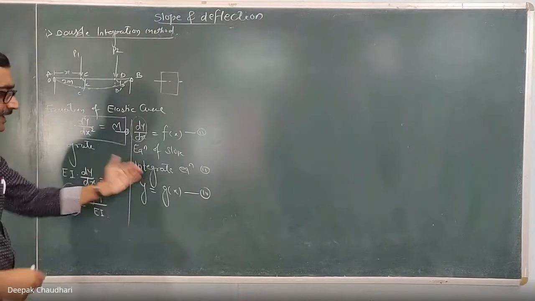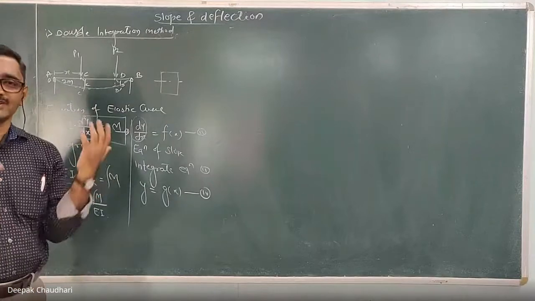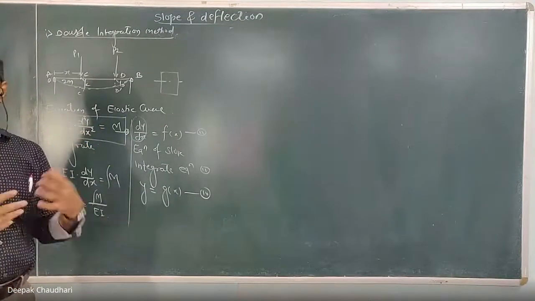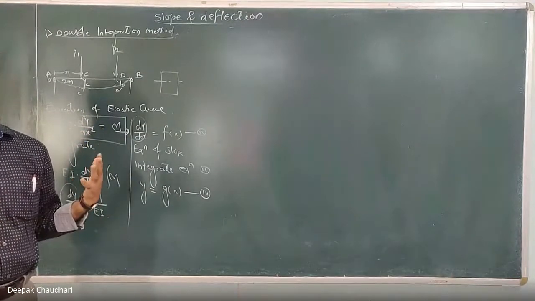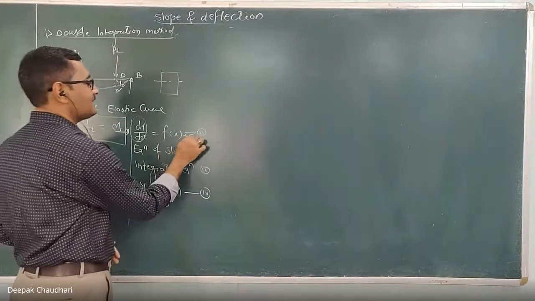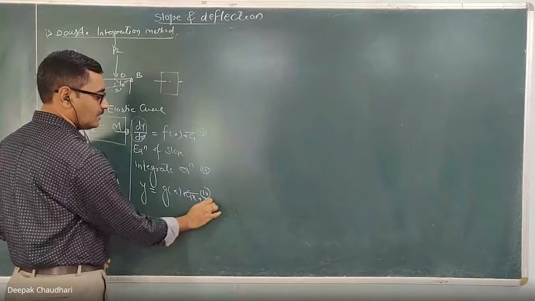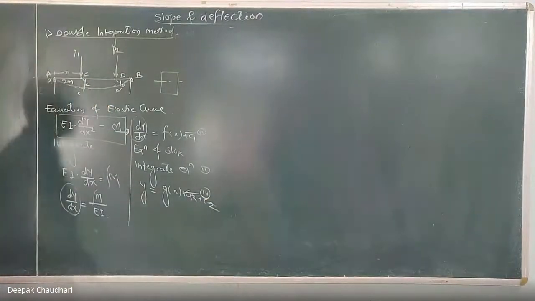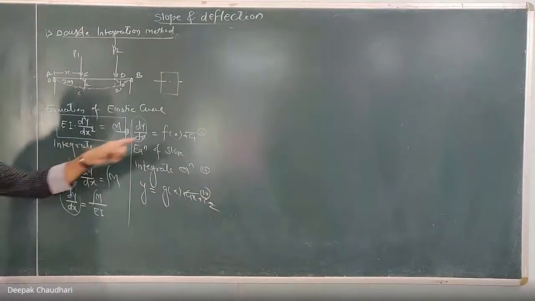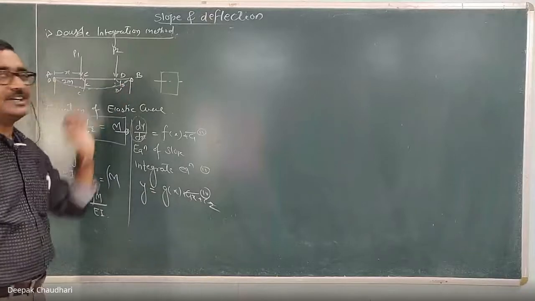If you integrate again, you will get the equation of deflection. And don't forget, there will be constants of integration also, c1x plus c2. These are the constants of integration, and you have to get them by using the boundary conditions for this beam.